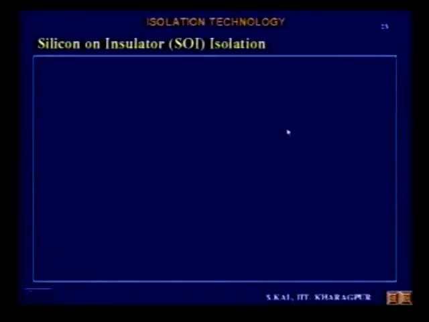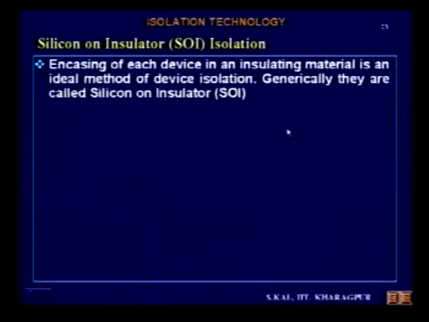Now after trench isolation, another is complete dielectric isolation, which is known as the SOI isolation technique. Silicon on insulator technique I discussed in the ion implantation class. So that means here what is done, the bottom PN junction is replaced by a dielectric layer. And how can this dielectric layer be formed? By high energy implantation.